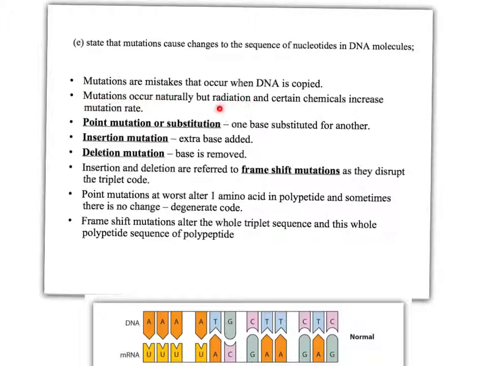But there are certain things that increase the rate at which mutations occur, radiation being one of those, and also chemicals, which we call mutagens, could also increase the rate at which mutations occur. And this links in with the smoking bit that we looked at back at F215.